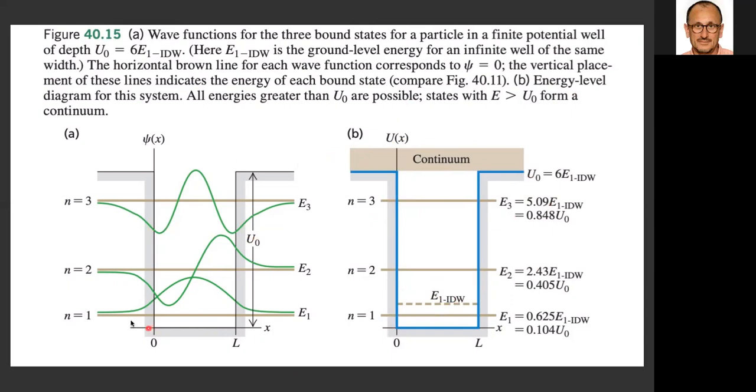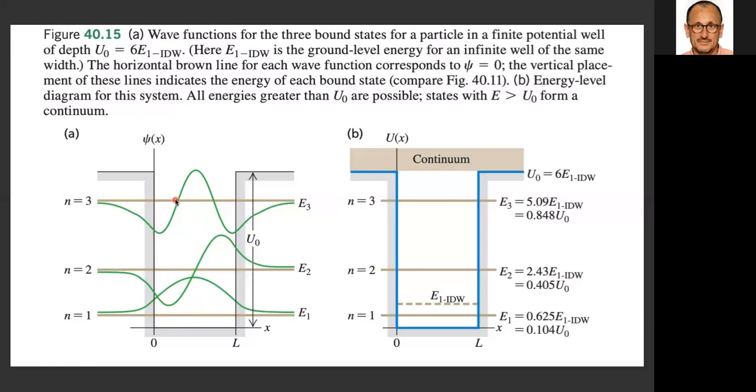We have depicted here, and you can see that this looks very much like the infinite potential well, because the infinite potential well will sort of get from here to there, and this is the first one. The second one has one intersection in the middle, the same as in the infinite potential well.